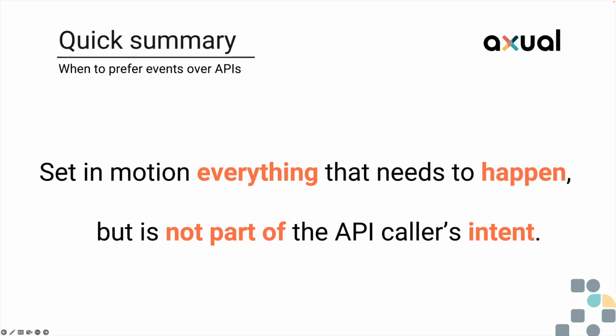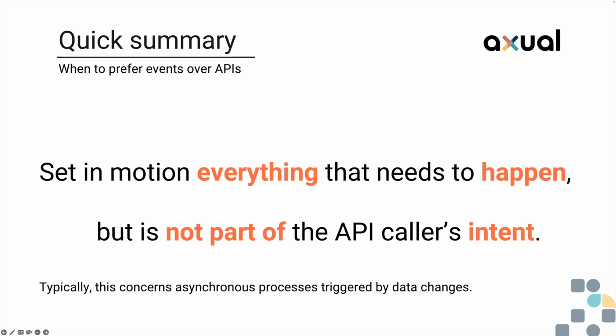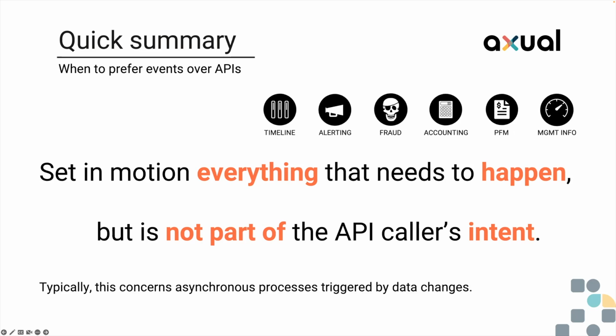So if I'm a customer and I instruct my mobile banking app to initiate a payment, then my intent is to have money transferred to some other bank account. And my intent is not to trigger all kinds of processes that I don't even need to know about.